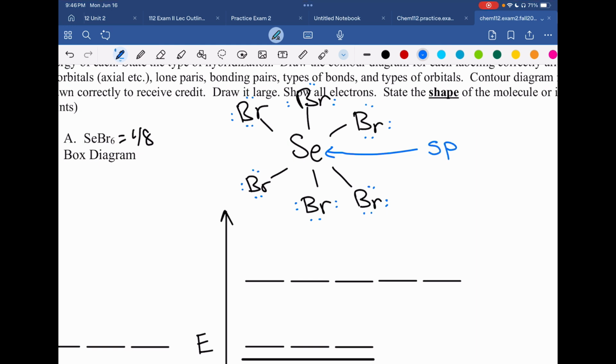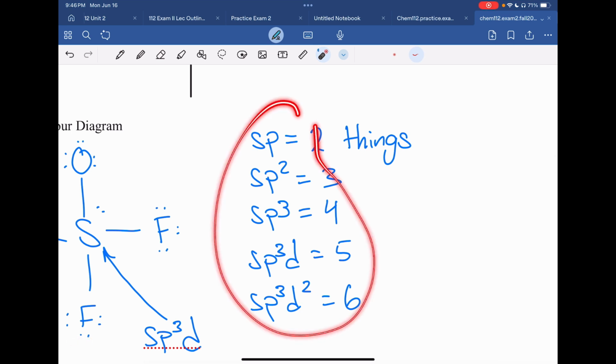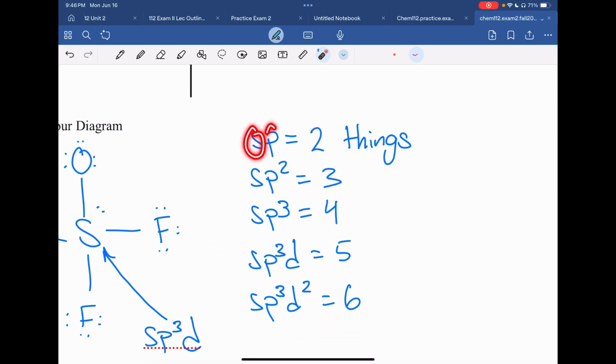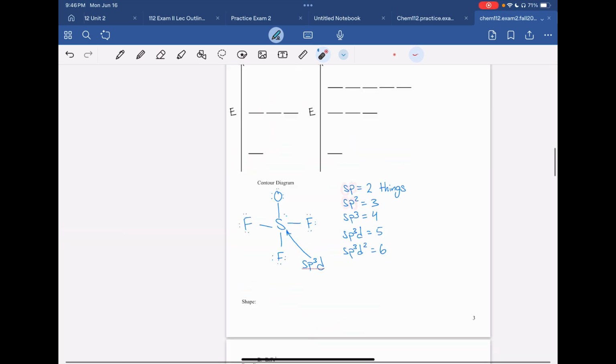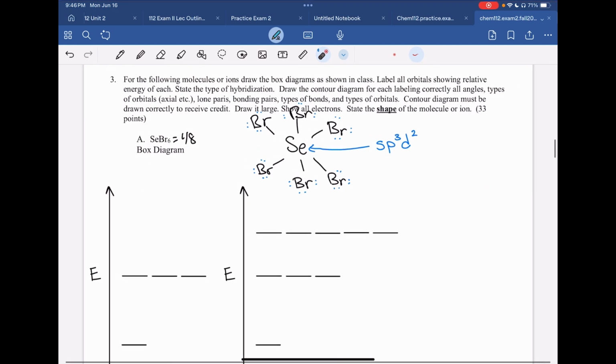It's always going to be sp, okay? sp3, d, and then something, okay? You just count. S is 1, P is 3, plus, you need this to be a 2. Okay? You don't have to memorize this. Just count each digit as 1, and you just simply figure it out. Okay? So this tells us our hybridization.